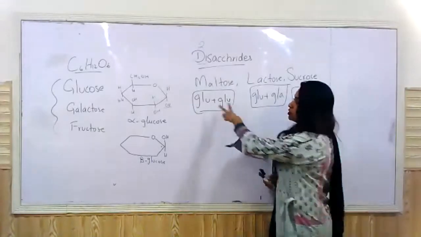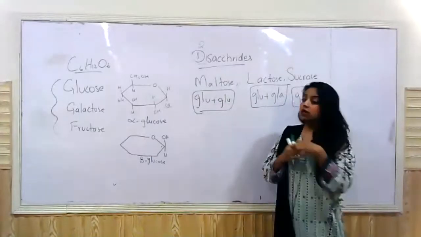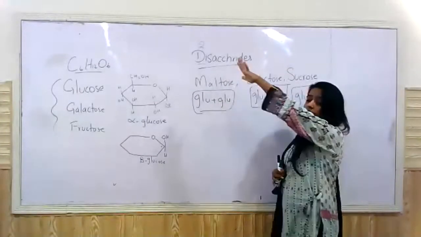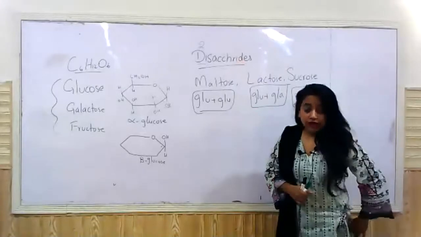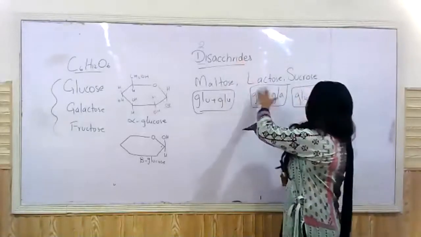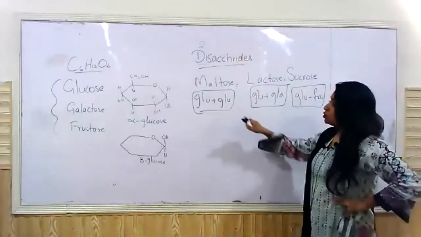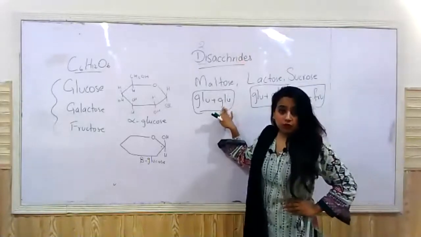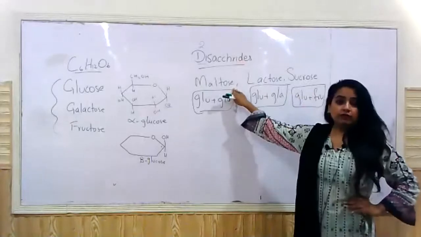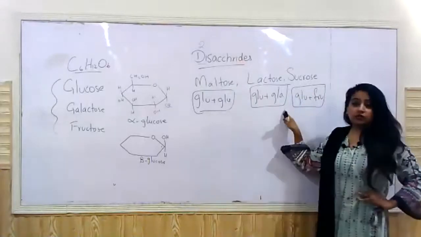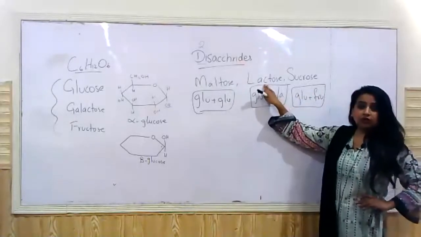So two monosaccharides joining together giving rise to what? A disaccharide molecule, right? Maltose, lactose and sucrose are all three of them disaccharides. Glucose joins with another glucose molecule giving rise to what? Maltose. Glucose joins with galactose giving rise to what? Lactose.